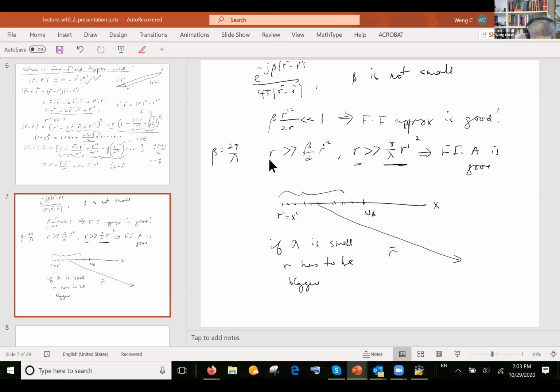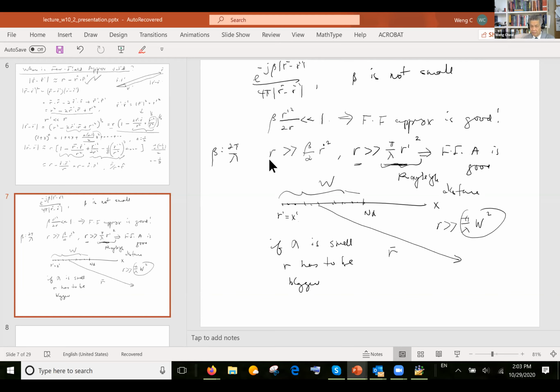So if the array is of size W, your R has to be much, much larger than pi over lambda W square. This is called the Rayleigh distance. And that distance has to be larger, the higher the frequency.